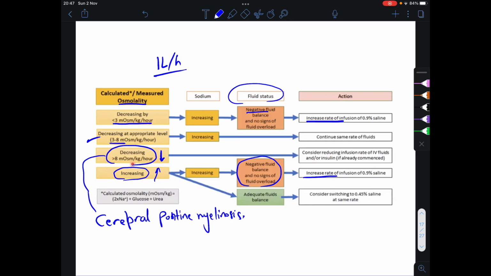Otherwise, if you've given them, for example, 3 to 6 liters, and the osmolality is plateauing or it's not working anymore, then that's an indication for hypotonic saline. So hypotonic saline has a certain indication: when we're giving 0.9% normal saline and the osmolality is increasing rather than decreasing, you might want to start considering switching to a hypotonic saline.